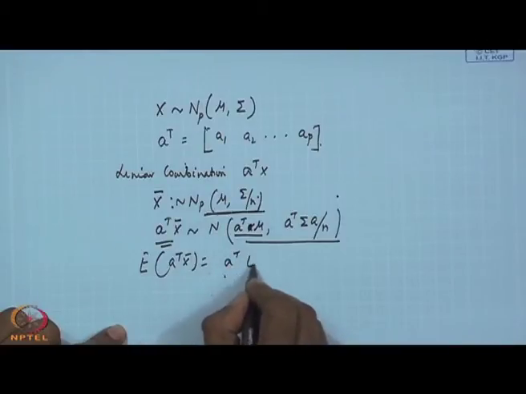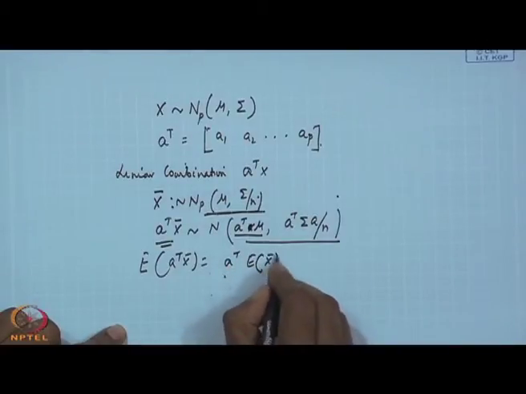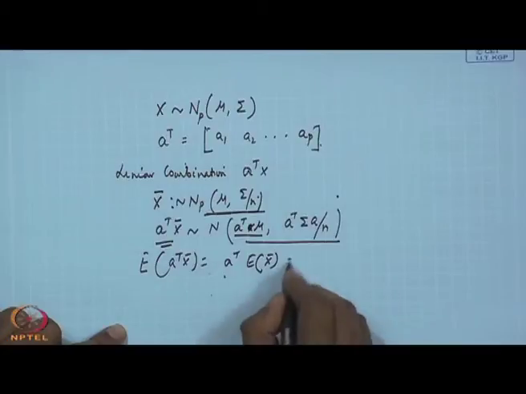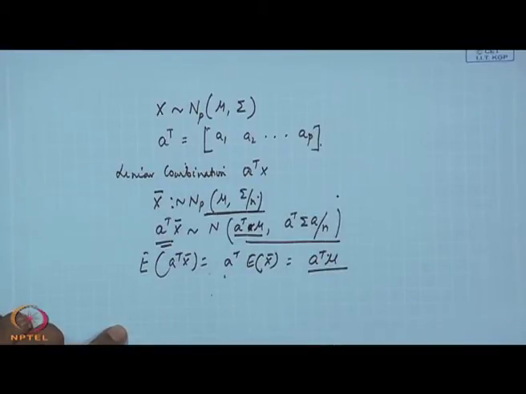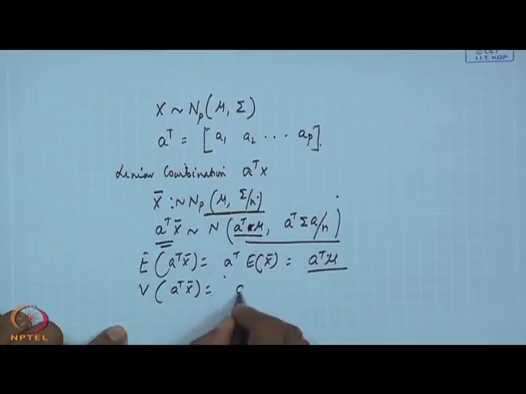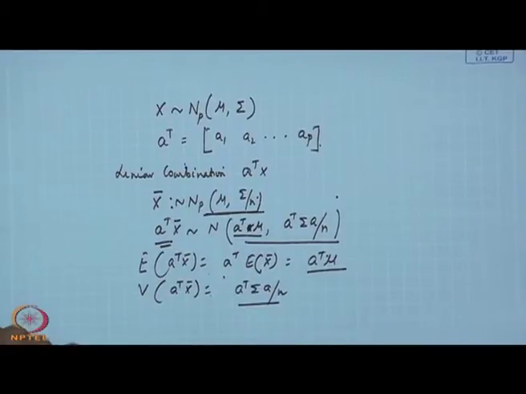You have also seen that the variance of A transpose X bar is A transpose sigma A by n.